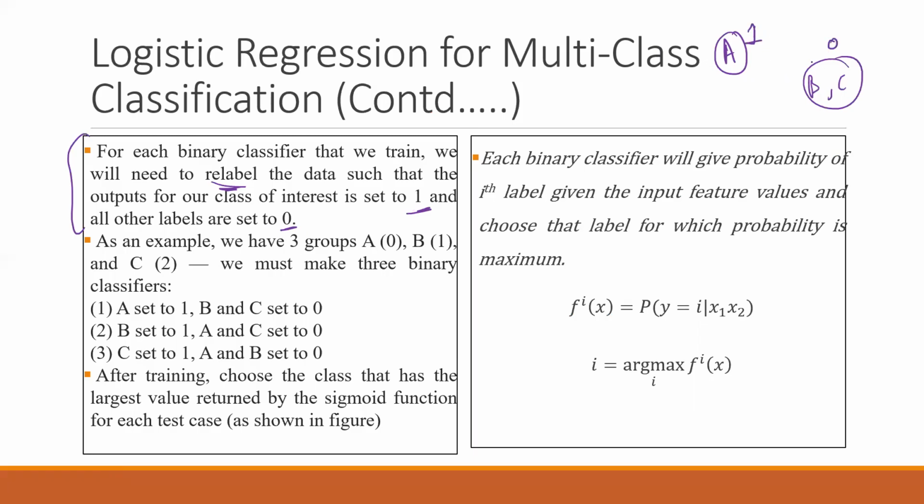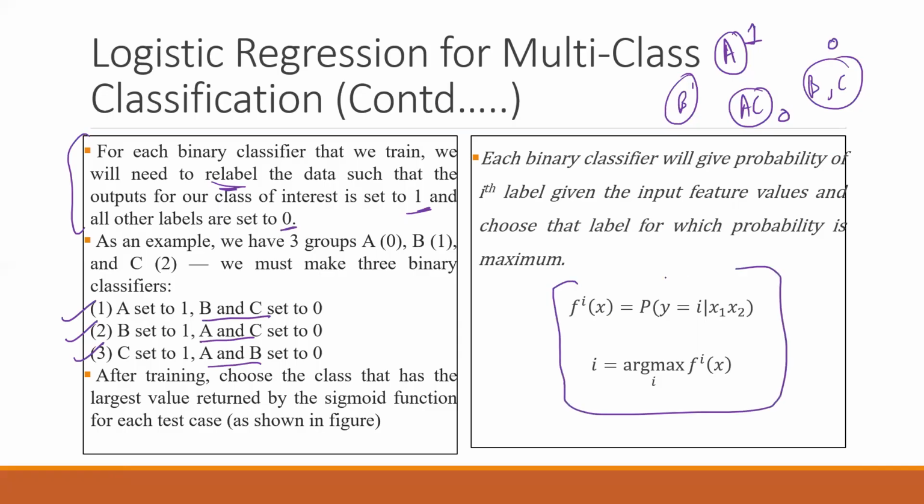So if A is 1, B and C will be 0. If B is 1, then A and C will be 0. So this kind of thing has to be done. Everything has been written here: if A is 1, B and C are 0; if B is 1, A and C are 0; if C is 1, A and B are 0. And you have to implement this function for all the three categories.